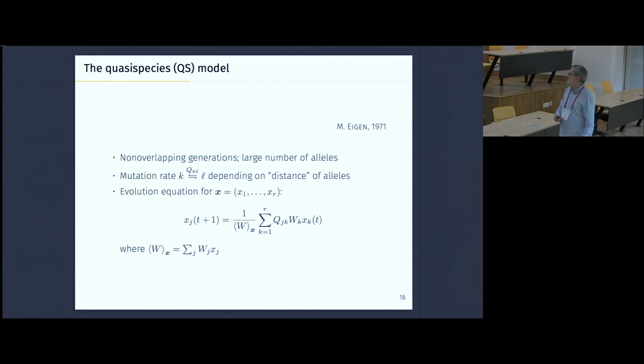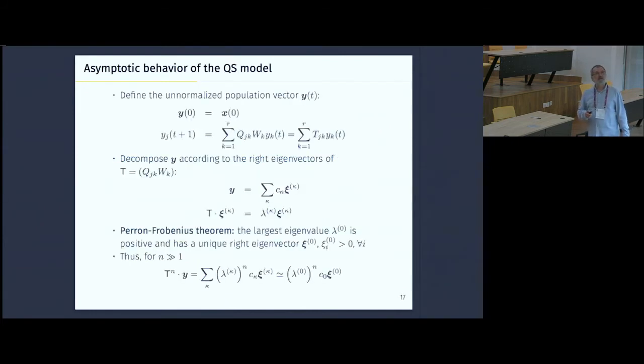But this denominator is there only to allow for normalization of the frequency. So let's forget about it. Let's go to the unnormalized population vector. This is a vector with non-negative entries. And at the beginning, say, it is equal to the initial composition vector of our population.